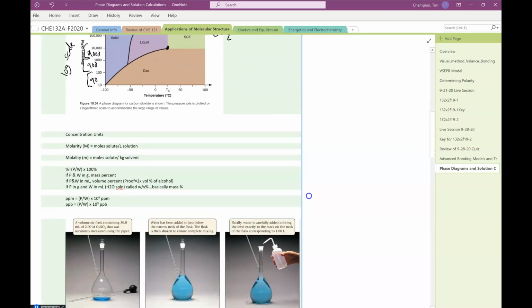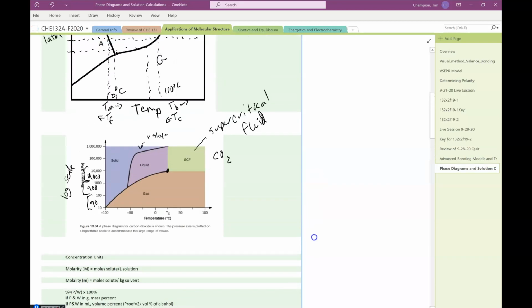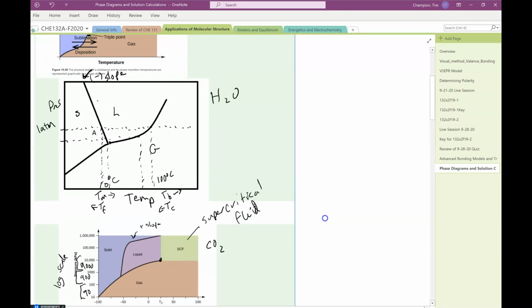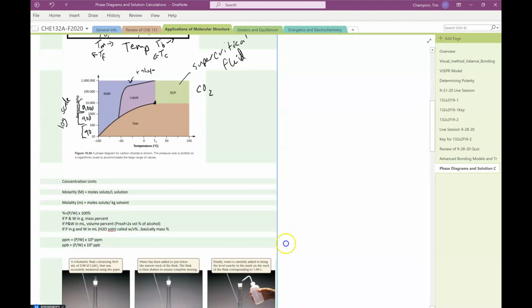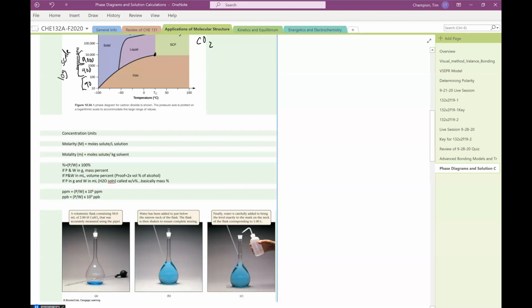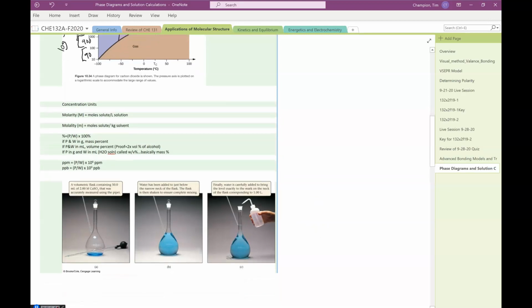Now, when we're talking about the quantitative aspects of this, we're not going to talk too much about that. There's an equation that lets you calculate the new temperatures. We're probably not going to deal with that one too much in this course. It's the Clausius-Clapeyron equation. Basic concentration units I do want to touch on.